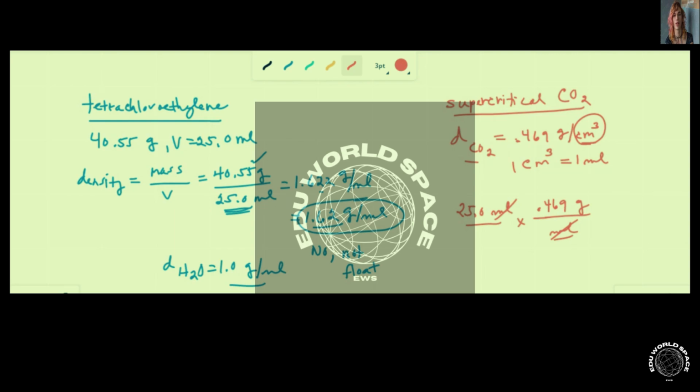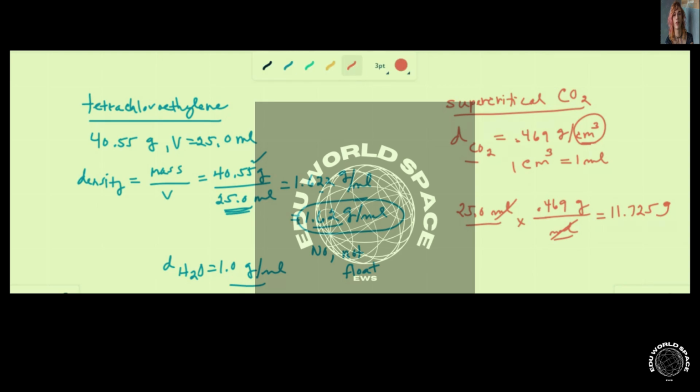And now we can do the math to determine the mass of the sample that we're looking at. So when we do the math, we get a number like 11.725 grams. Sorry, not grams per milliliter, simply grams, because we were determining the mass of this sample.